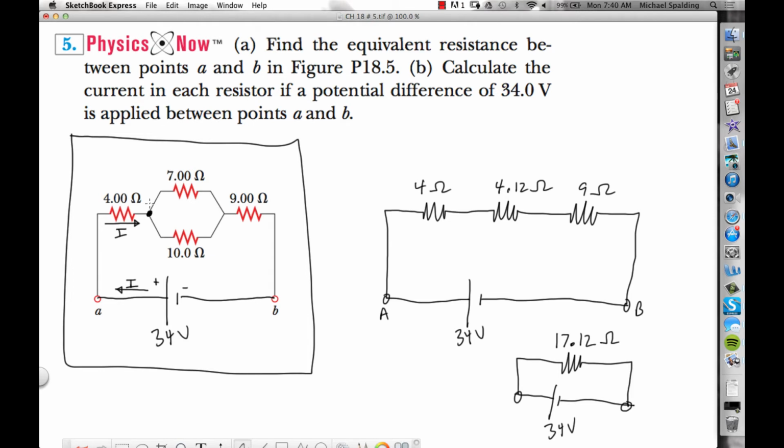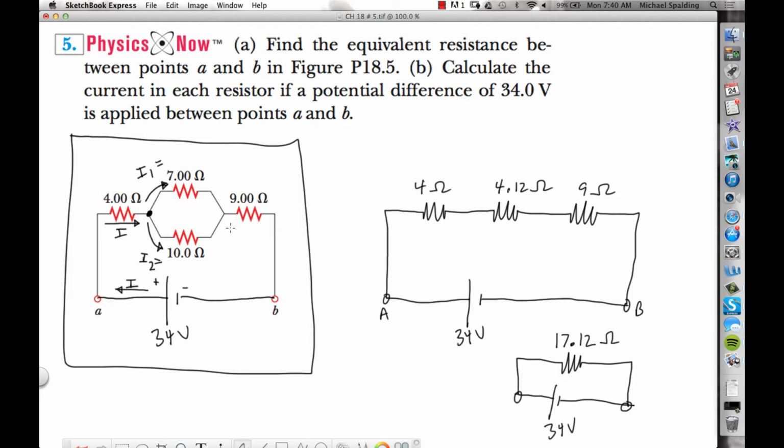It splits. Let's say the current going up this way is I1, and the current going down this way is I2. They're different currents because the resistances are different. Current follows the path of least resistance, so the 7 ohm is going to have more current than the 10 ohm.